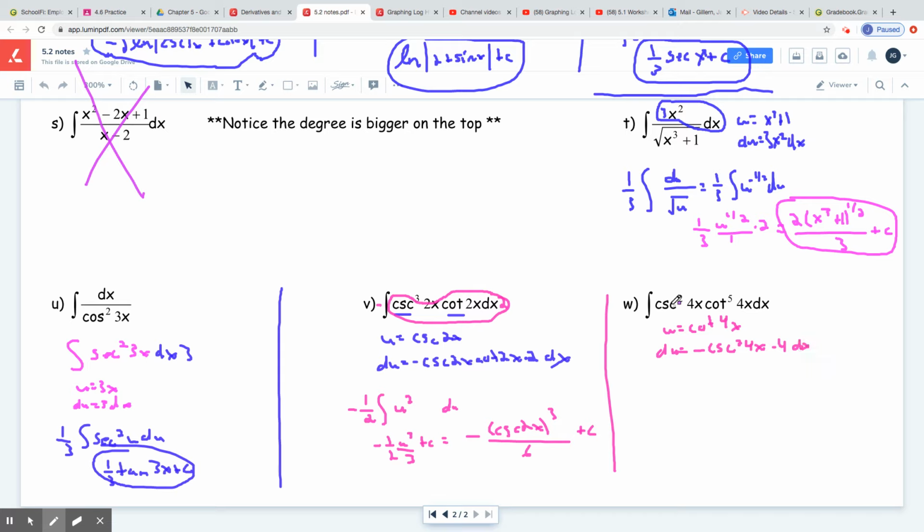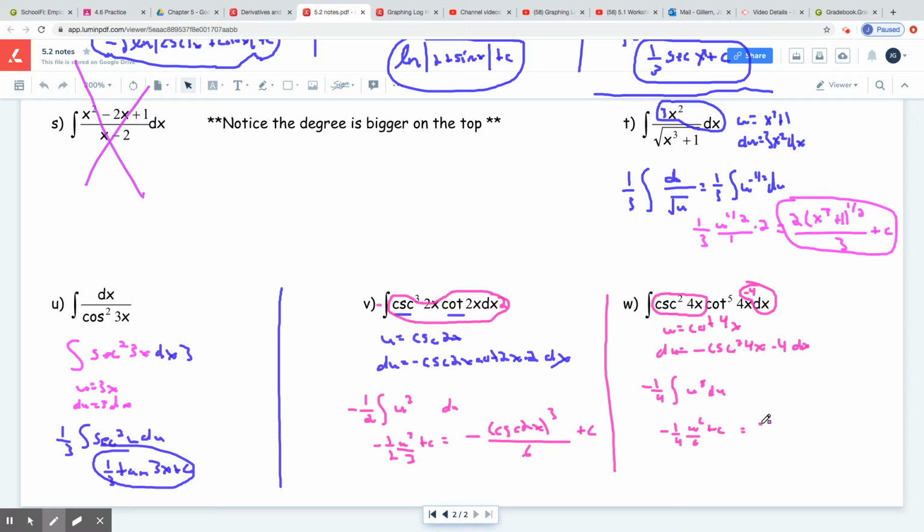So I need to add a negative 4 in here, which means I need a negative 1/4 on the outside. So there is my du, and there is my du. So that's all du, and I'm just left with u to the 5th du, negative 1/4 u to the 6th over 6 plus c.